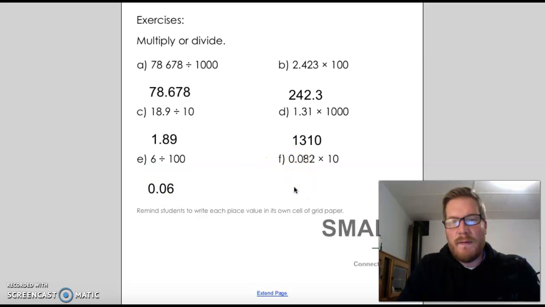And then 0.082 times 10 makes it go one place to the right, so that's 0.82.